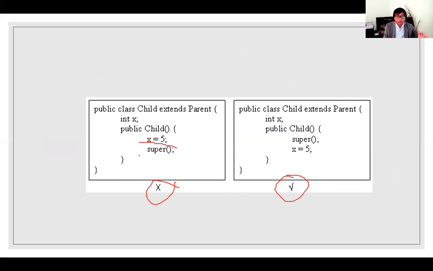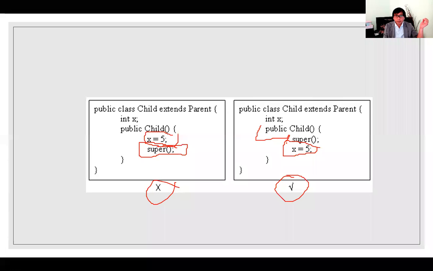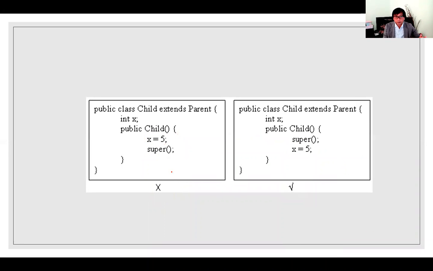Because you are positioning the parent constructor after the attribute definition. If you want to define an attribute or a variable, you need to write it after you call the parent's constructor. So this is incorrect and this is correct. The difference is the position of this line of code.